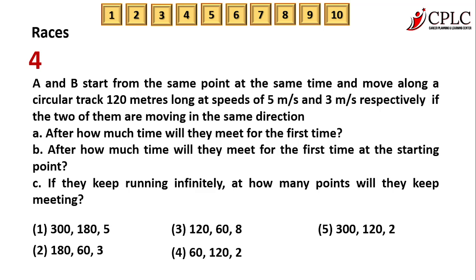If the two of them are moving in the same direction, after how much time will they meet for the first time, after how much time will they meet for the first time at the starting point, and if they keep running infinitely, at how many points do they keep meeting each other. So these are the things that we need to remember.